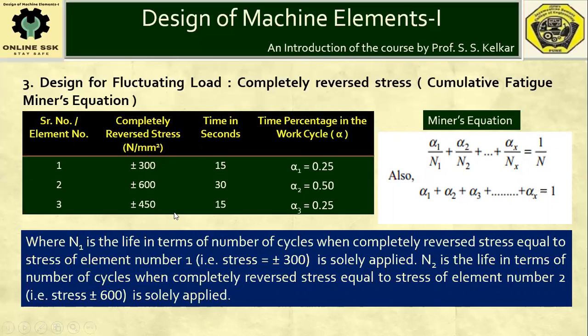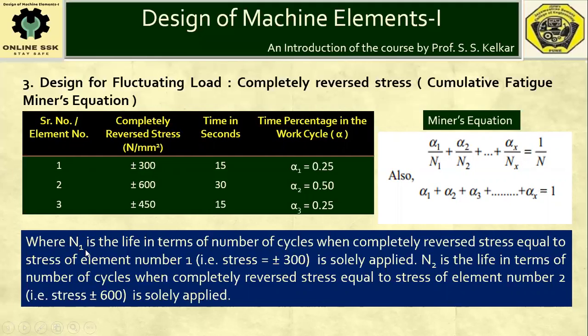Actually here what is happening is the machine part is subjected to varying stress. Stress varies from 300 to 600 to 450, and then this stress cycle keeps on repeating. Suppose this stress cycle is not repeating, rather only stress equal to the stress inside element number 1, plus minus 300, is induced throughout the life of the machine part. In such a case, what will be the life of the machine part?